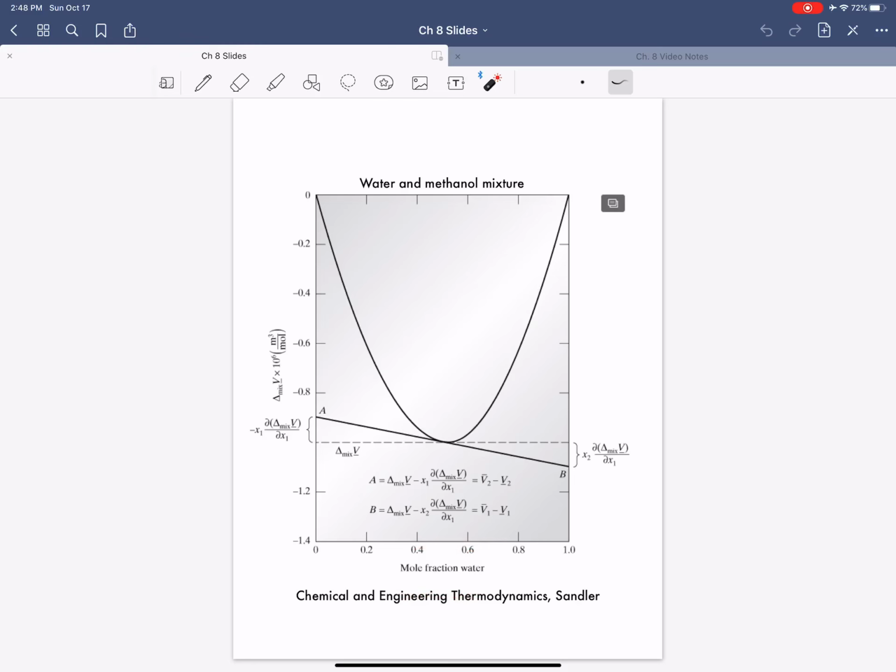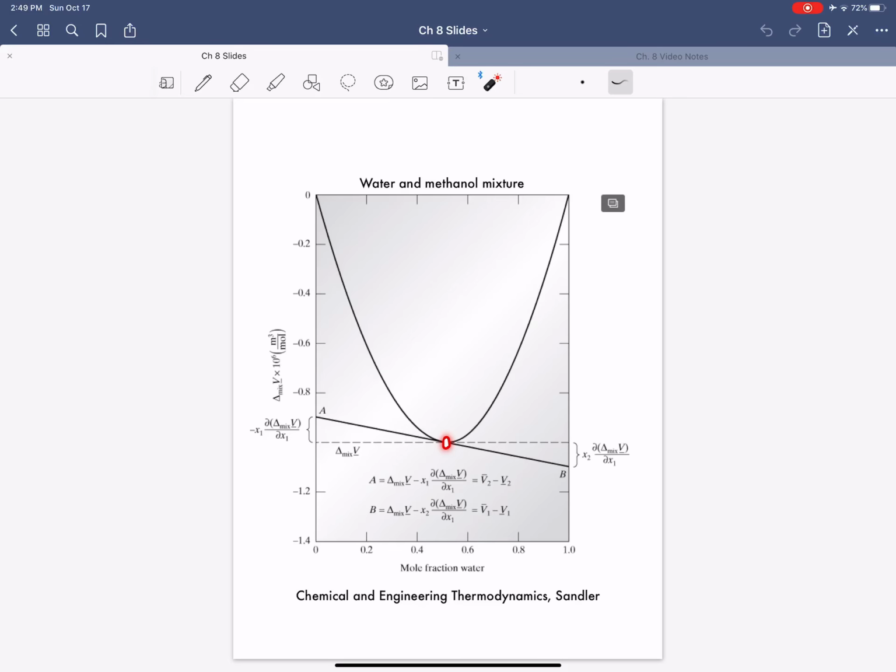In this case, I believe mole fraction of water is going to correspond to component A. Let's say we looked at a delta V value at 0.5, and we wanted to figure out what the partial molar quantity of the water is and what the partial molar quantity of the methanol is.